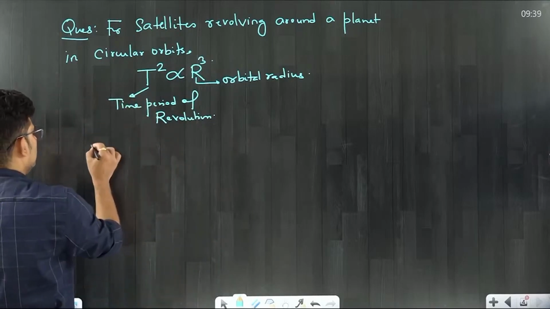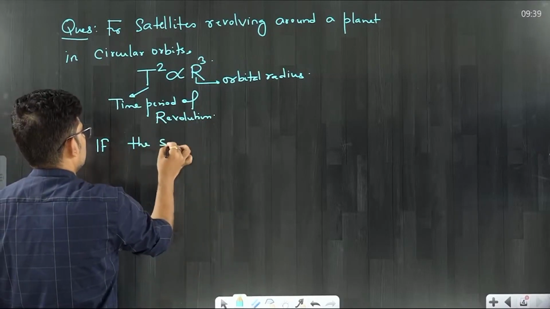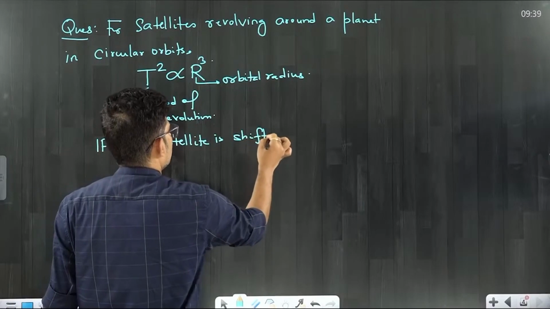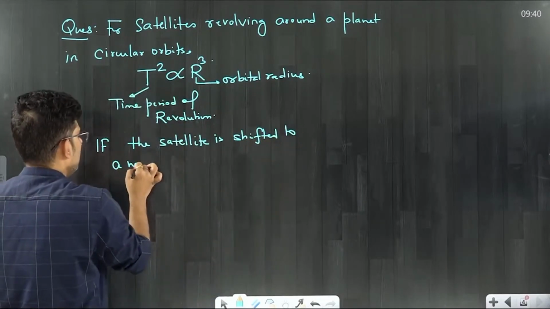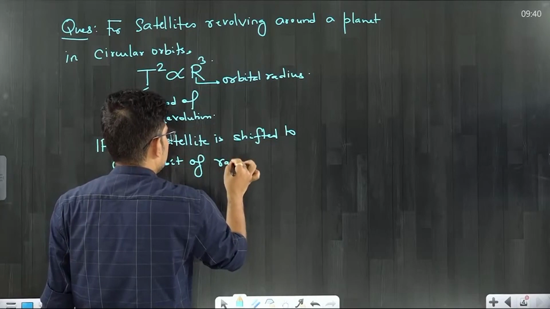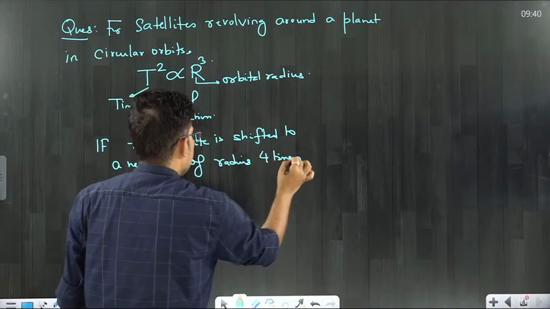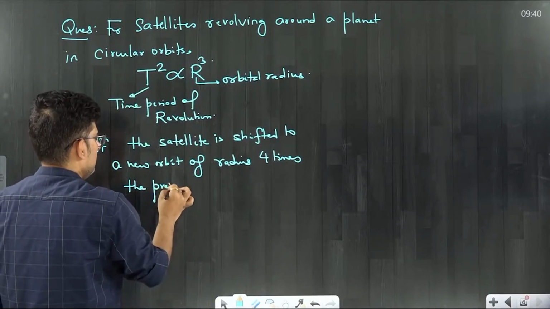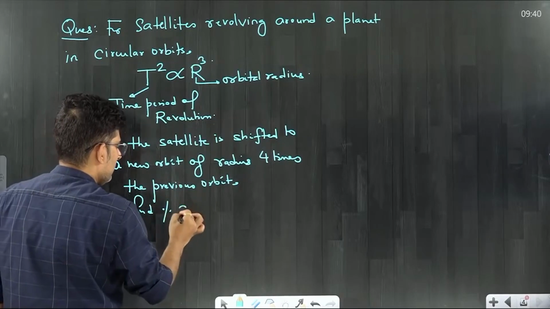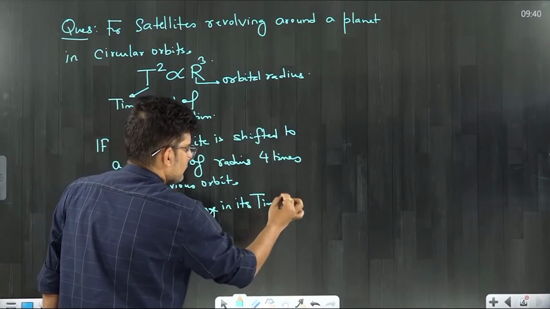Now, if the satellite is shifted to a new orbit of radius 4 times the previous orbit, find the percentage change in its time period.